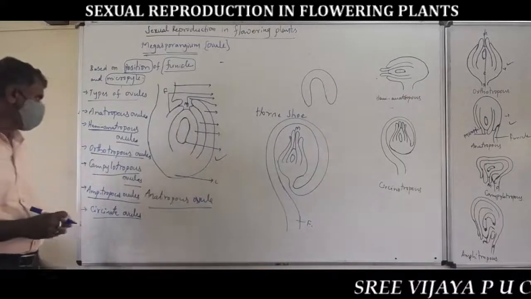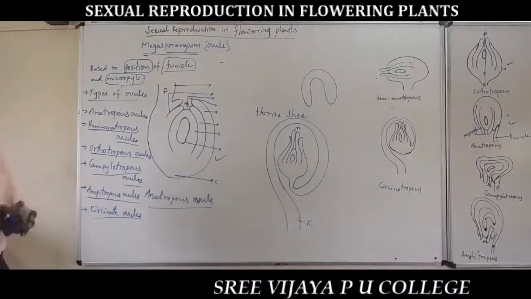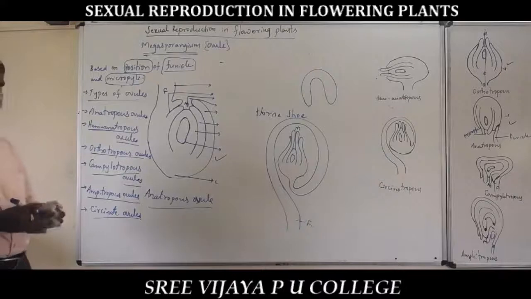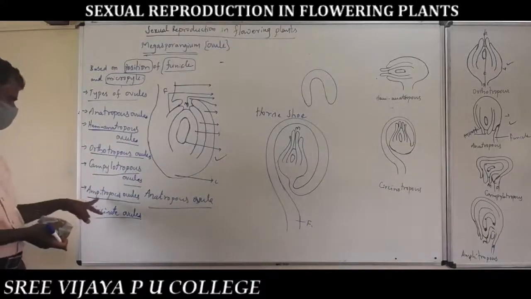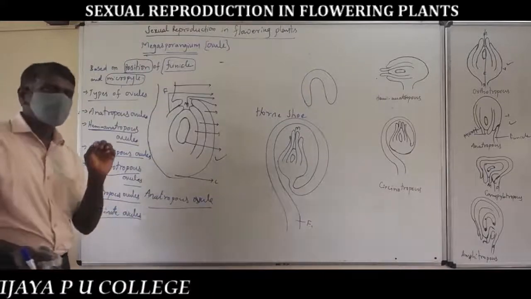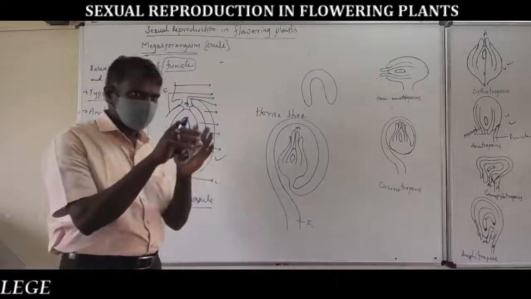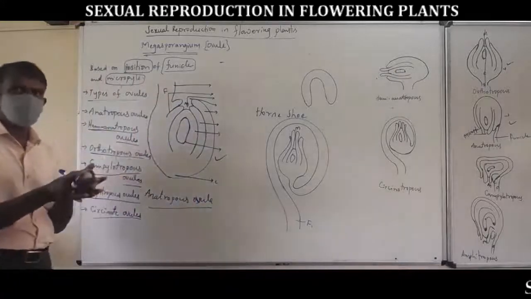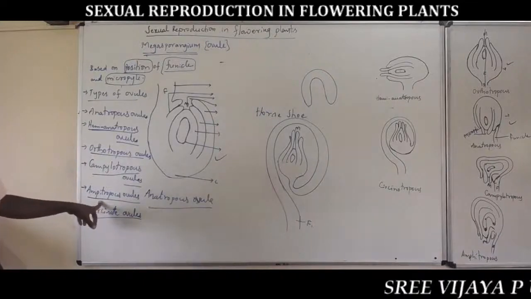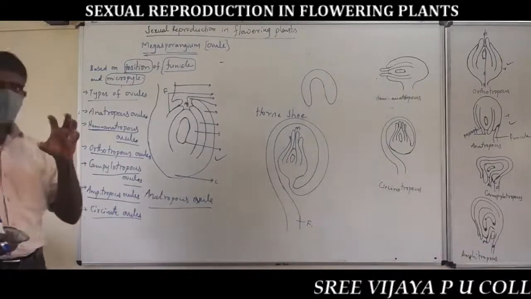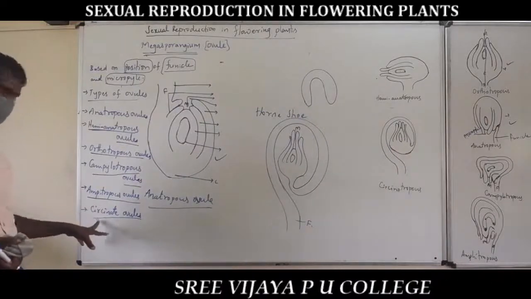In the campylotropous ovule, the body is curved, so the micropyle is nearer to the funicle. In amphitropous, the micropyle is very near because the body is more curved. Here in amphitropous ovules, a horseshoe-shaped body or horseshoe-shaped embryo sac is identified.